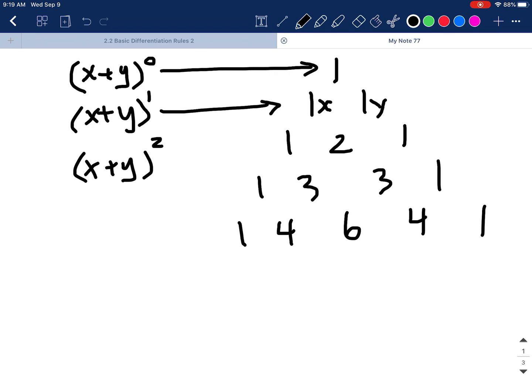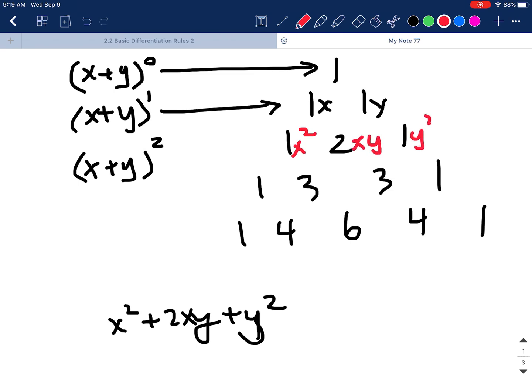And then if I have x plus y squared, we could write that out, right? x squared plus 2xy plus y squared using the distributive property. Let me use a different color actually. x squared, xy, y squared. And another thing to note is that I could have reversed it. I could have done y squared first, right?